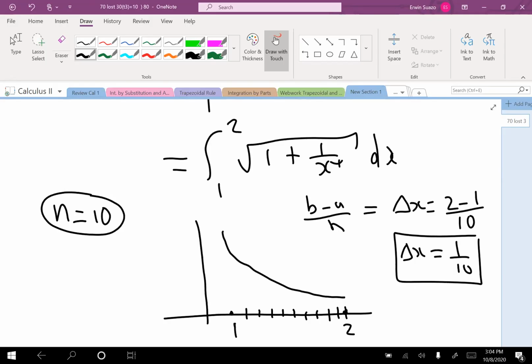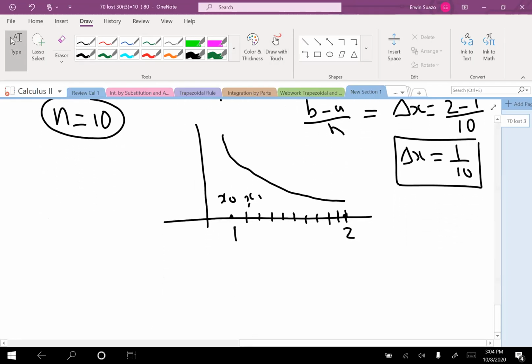So this is my x0, this is my x1, and so on. Let's put the formula for Simpson's rule.